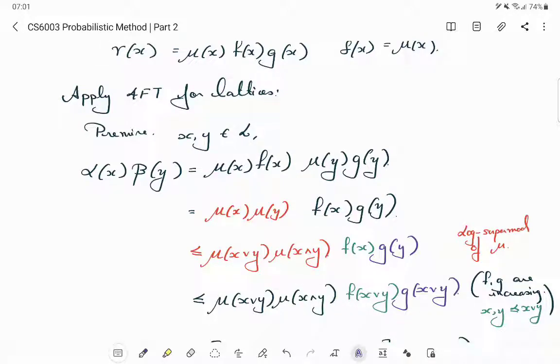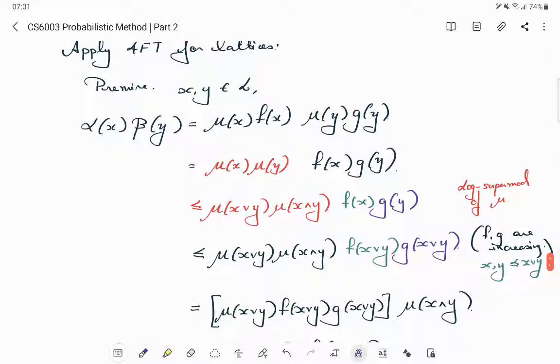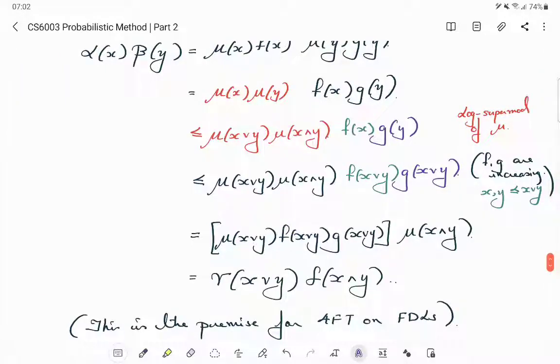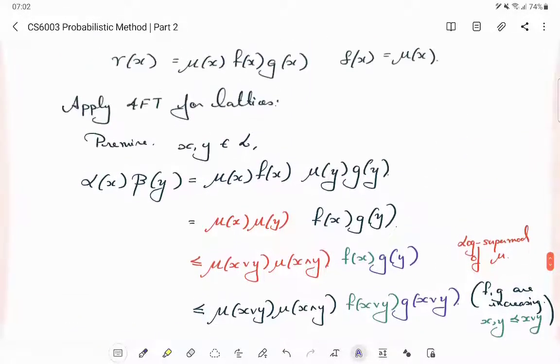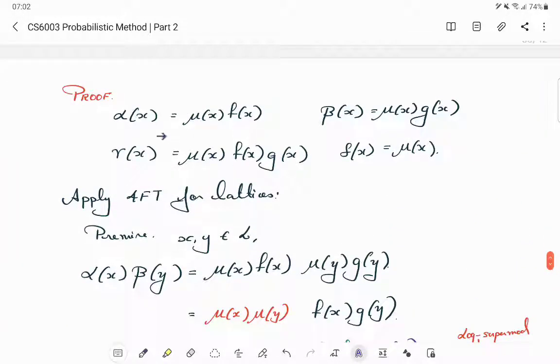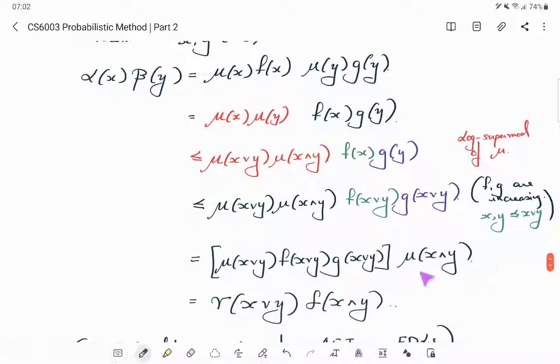And now everything is clear, right? Now you group together all the terms which contain x join y. You will get this, which is nothing but the gamma of x join y, right? Because that's how gamma is defined. And this last term, which is on the x meet y, is exactly the definition of delta.